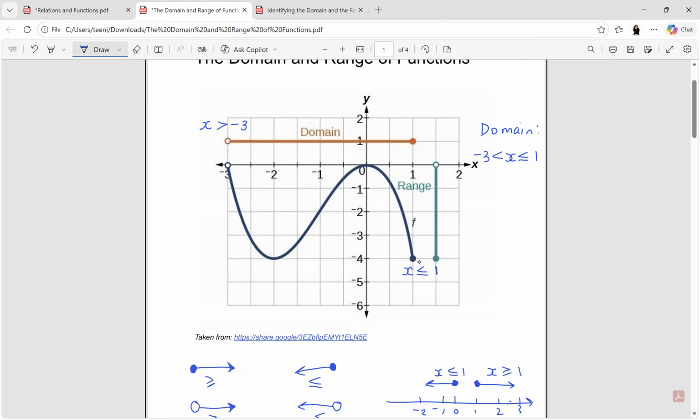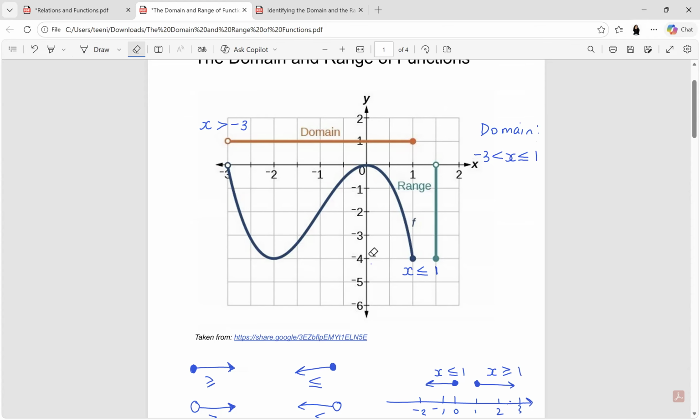Okay? And then the range is all your y values, right? So the highest value of y here is 0. Remember, your y values are your vertical axis. The highest value of y here is 0, and the lowest value of y is -4, meaning no point has a y value less than -4.